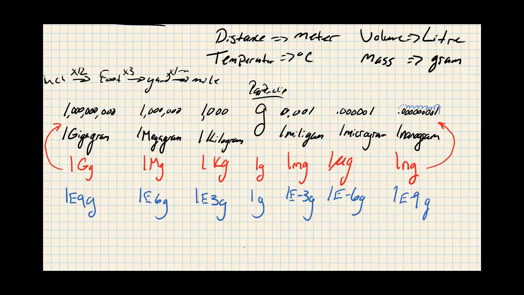Now remember that when you have an e, it simply means, that's the same as writing, times 10 to the. So this right here is the same as writing 1 times 10 to the negative ninth.